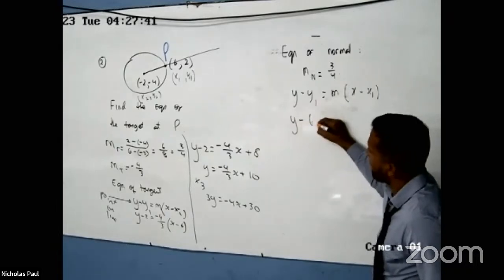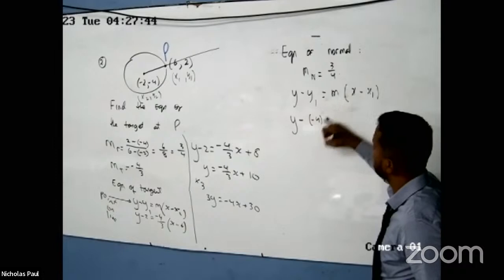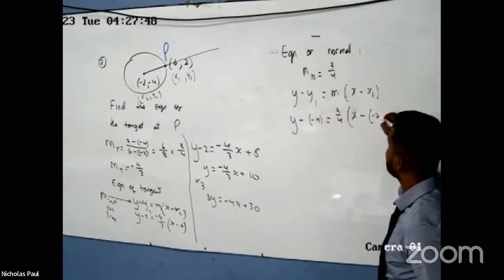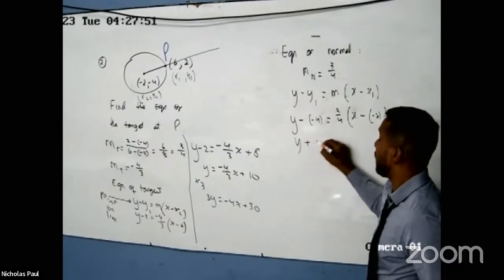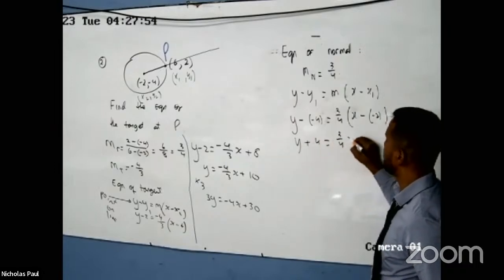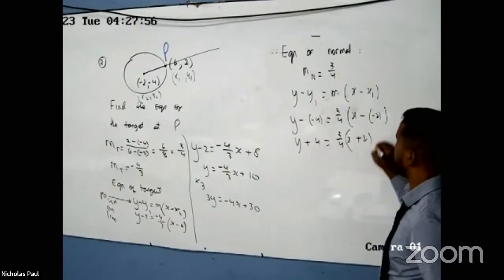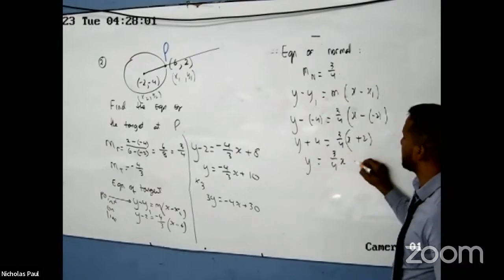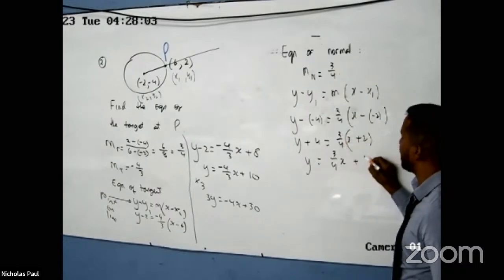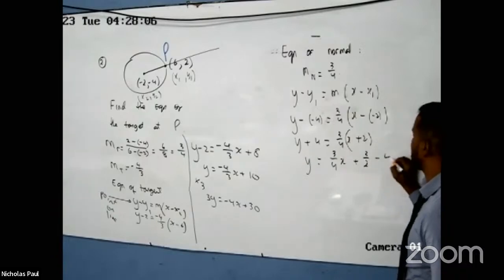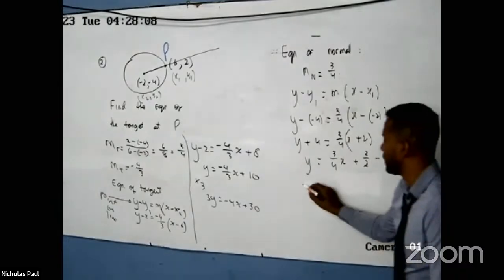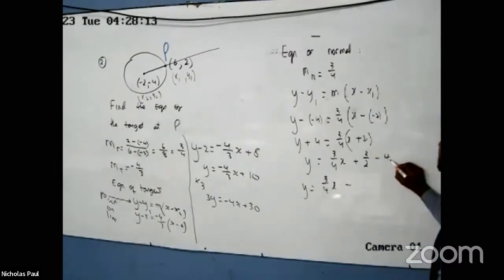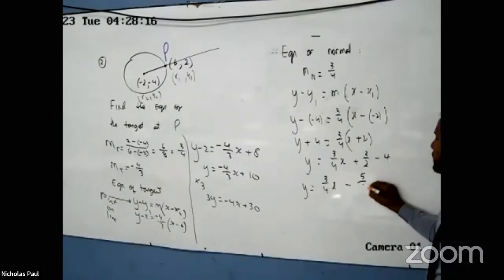So y minus -4 is equal to 3/4 times x minus -2. So this is y plus 4 is equal to 3/4 x plus 2. Multiply it out, you'll get 3/4 x plus 3/4 times 2, that's 3/2, minus 4. So y is equal to 3/4 x minus 8/2, so that's -5/2.